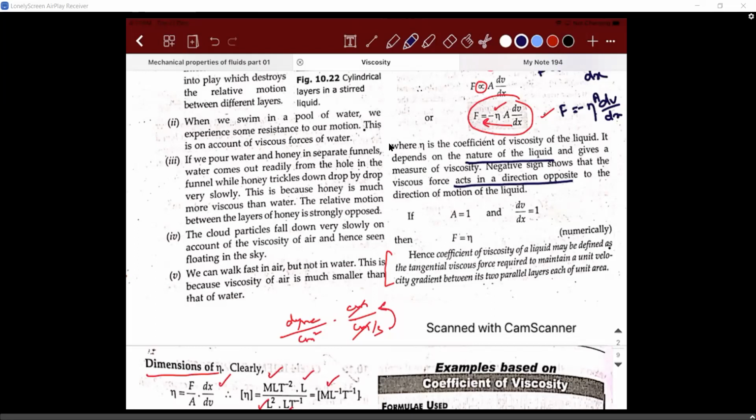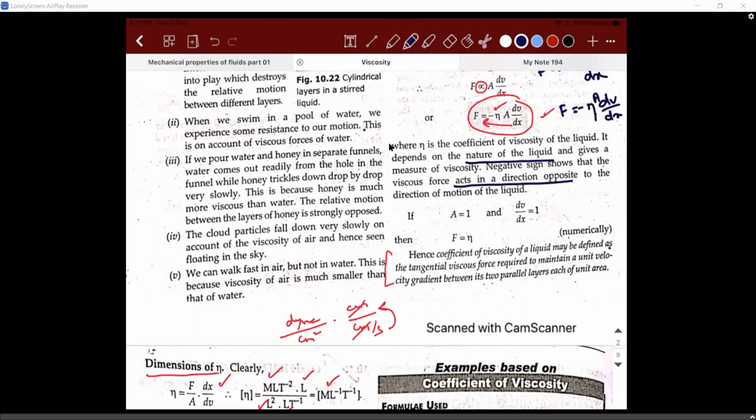Till where did you write it? Tangential viscous force required to maintain what? Unit velocity gradient between layers of how much area? Unit area. Coefficient of viscosity of a liquid is the tangential viscous force required to maintain unit velocity gradient between layers of unit area. Okay.